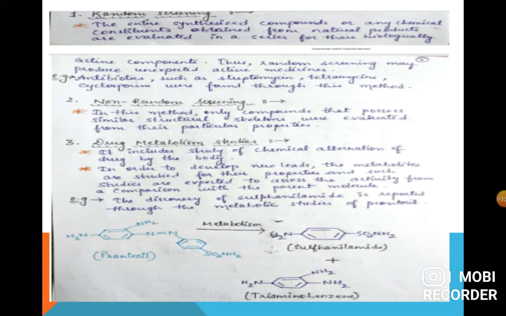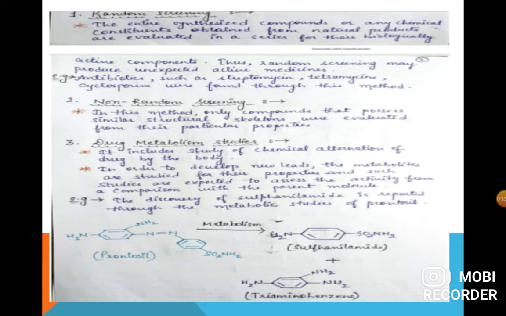The example of drug metabolism studies is Prontosil. After enzymatic or chemical transformation in vivo, Prontosil is converted to sulfanilamide, and the triaminobenzene, which is also known as the promoiety of Prontosil, is separated from it.